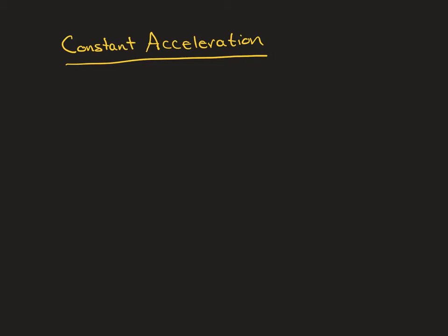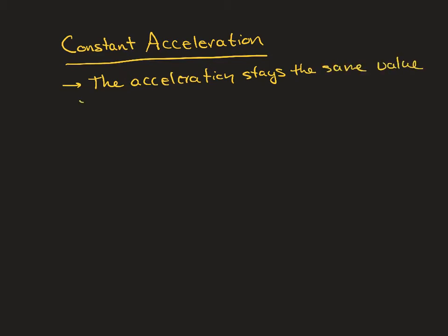In this video, we are going to discuss motion where the acceleration is constant. Or in other words, the acceleration stays the same value the whole way through the motion.